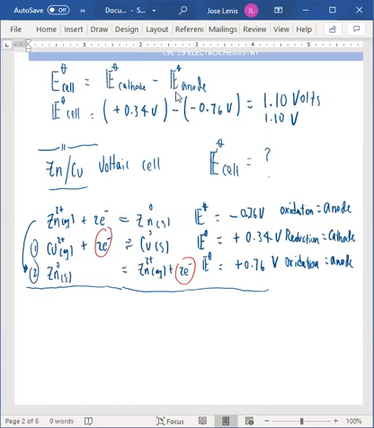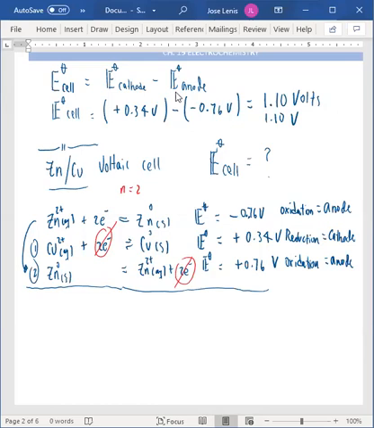In our real case, we don't have to do that because we have an equal number of electrons, and we say n equals 2. n is the number of electrons involved in the process. And we cancel them because they are gained and lost at the same time with the exact amount.